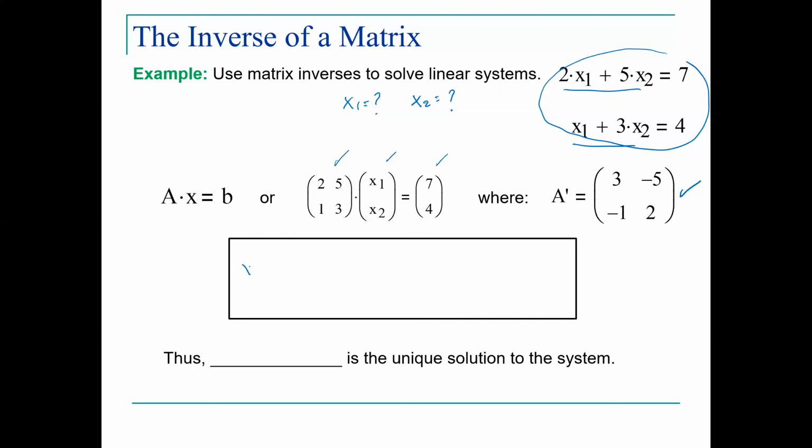As we stated earlier, by knowing the inverse, we can multiply the inverse times B and find the solution for the set of linear equations, or the solution in terms of X. Since we know the inverse is 3, minus 5, minus 1, and 2, multiplied by 7, 4, this is going to be equal to 1, 1. Thus, the solution is unique, and x1 equals 1, x2 equals 1.